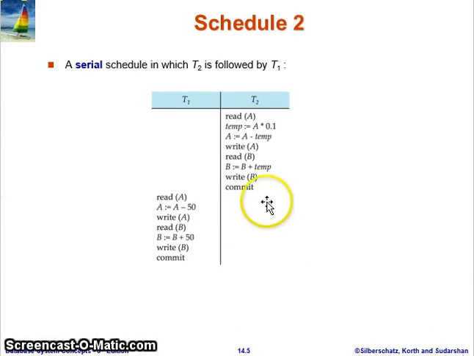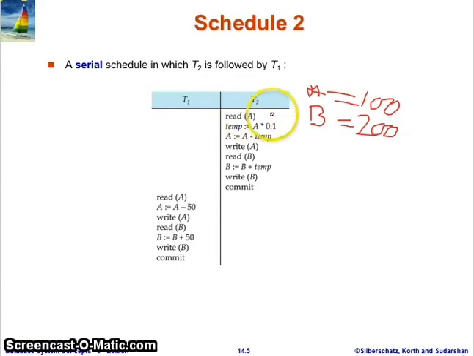Again check the consistency for schedule 2. In schedule 2, let's again just consider the value of A is 100 and B is 200. Just the initial value we are considering. Read A is 100, temp another variable is 10% of A. What is the 10% of A? 100, 10% is 10.